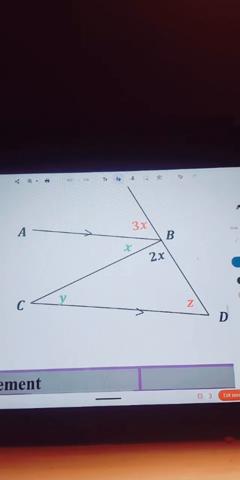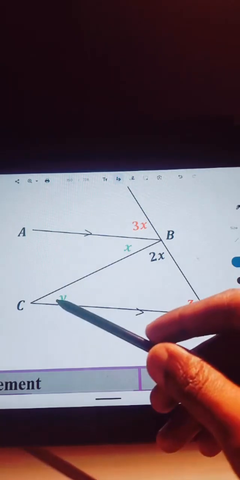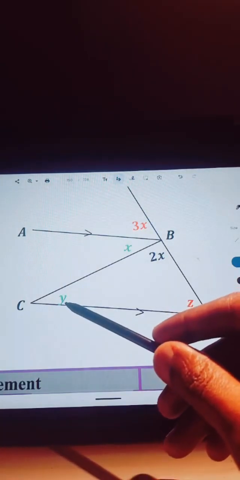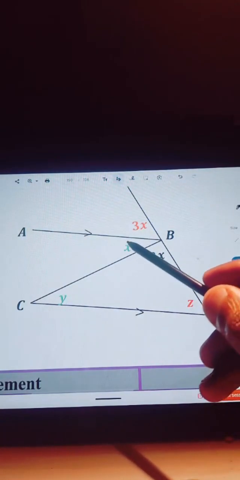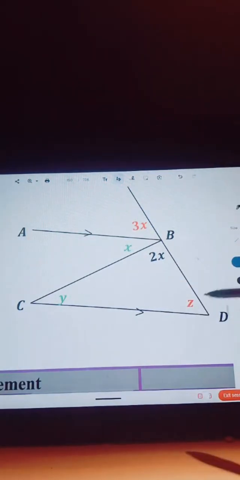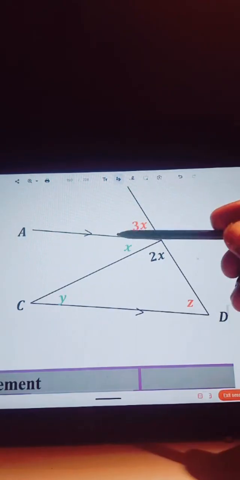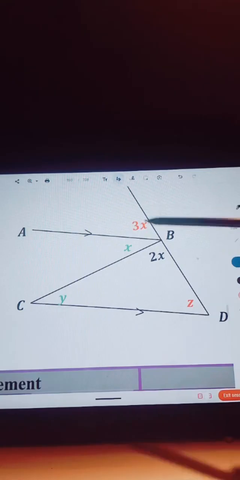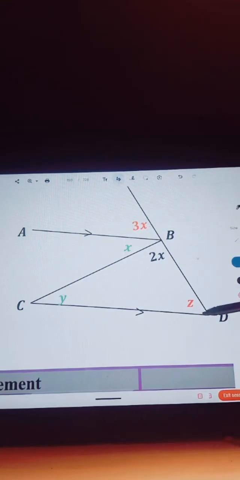So let's say, for instance, you wanted to find y. Y has a relationship with x, but you don't know what x is yet. So finding y is probably not a good idea first. Finding z first: z has a corresponding angle relationship with that x, but it's probably not a good idea to find z, because x is also unknown yet. Unless you want to find z in terms of x, that could be another story. So finding y and z first is not a good idea.